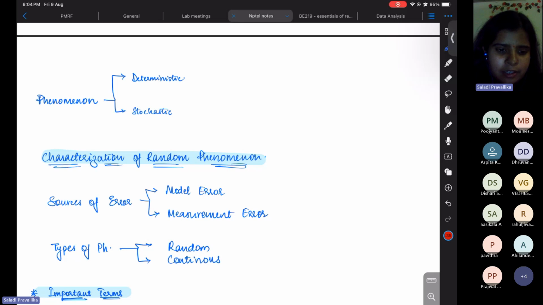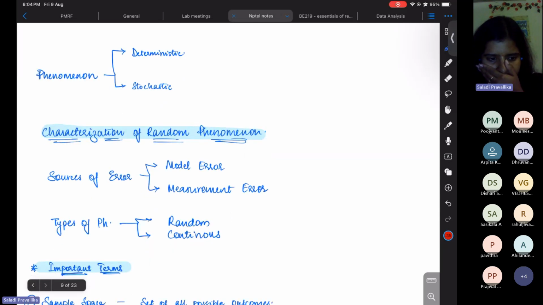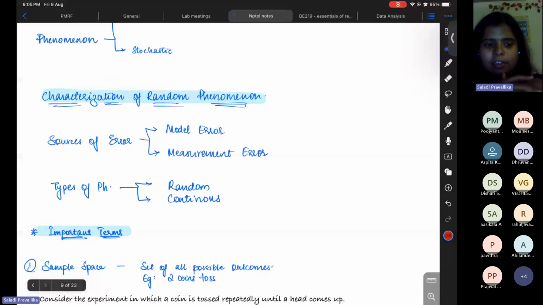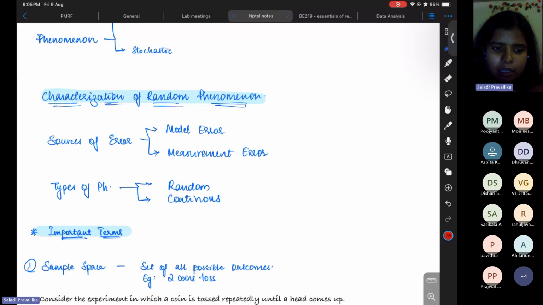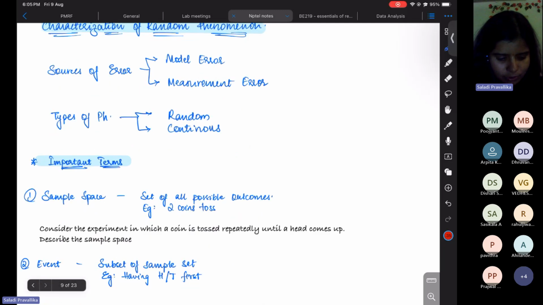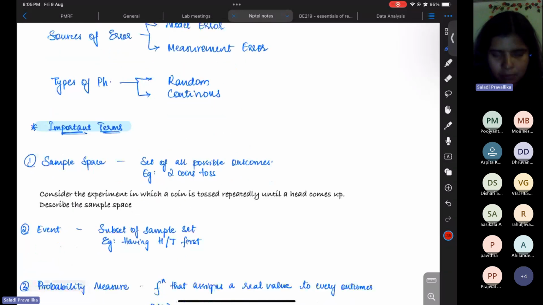And for measurement error, we might be using some equipment to measure something, and that equipment is not precise enough, so it might give you measurement error, right? We have different types of phenomena. The first one is the random phenomena, and the other one is the continuous phenomena. All of this has been covered in the lecture series. So I would suggest you go through that in more depth.